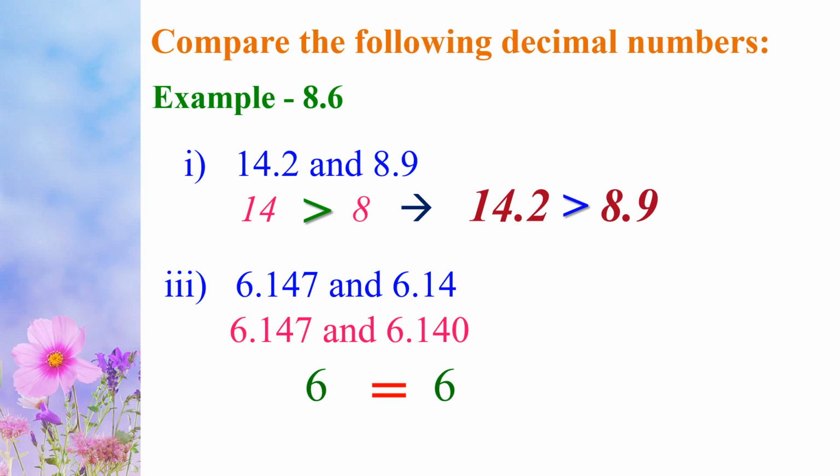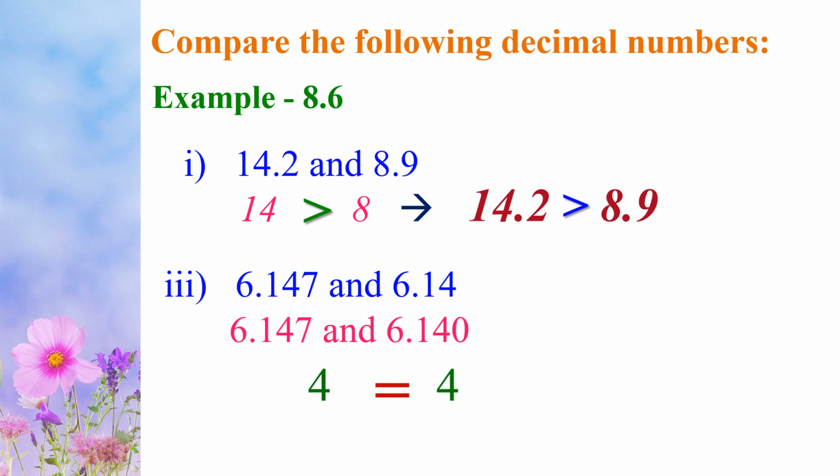So let us compare the decimal parts. The digit at the tenths place is the same, that is 1 equals 1. Let us compare the digits at the hundredths place. The digit at the hundredths place, 4 equals 4.